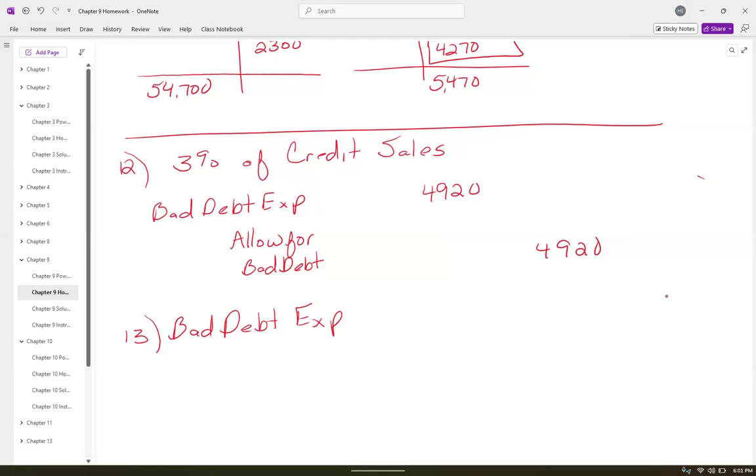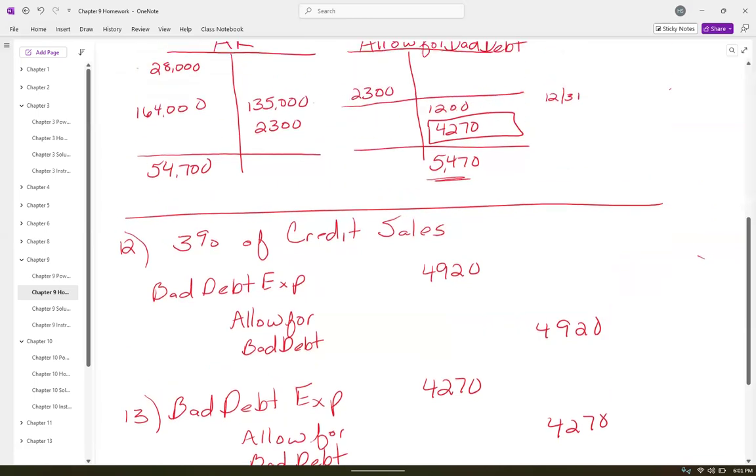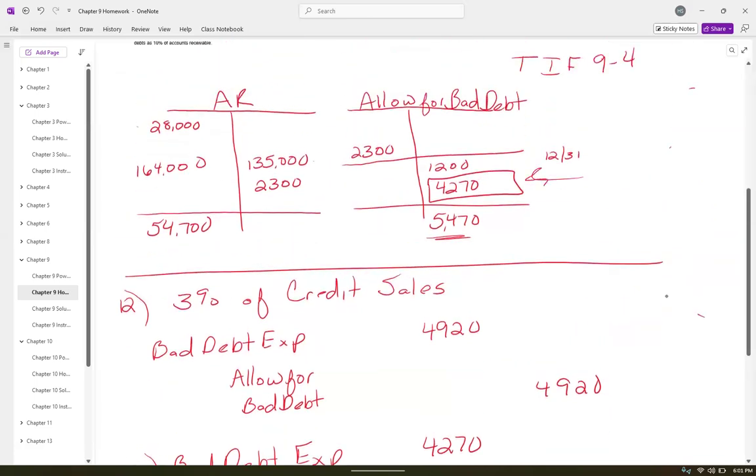It's just a different amount. This is what's very confusing about this. When you do any kind of aging balance sheet method, you're calculating that ending balance. You're not calculating the bad debt expense. You have to come back and back into that bad debt expense right there.